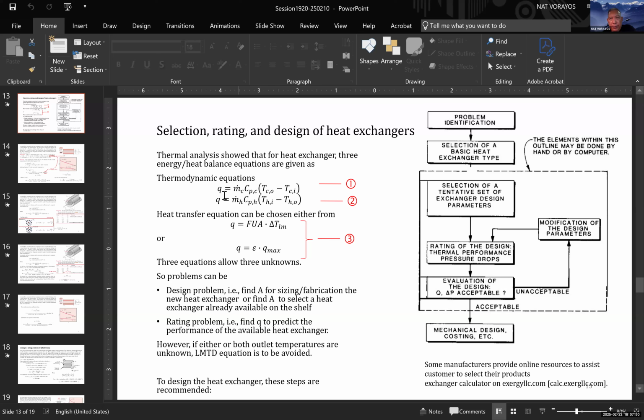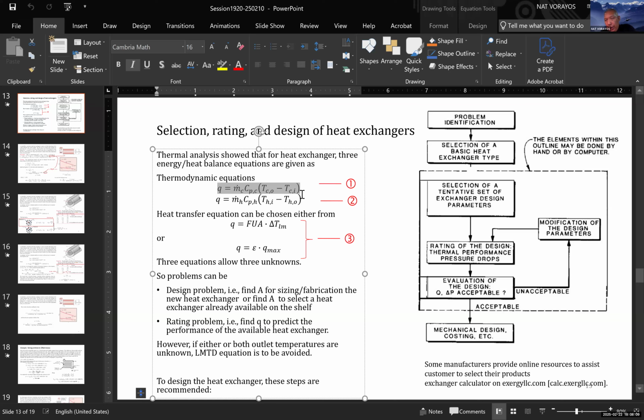Neglecting work, neglecting the kinetic energy difference, and also the potential energy difference, this is the equation that you're going to have for the first law of thermodynamics. The same way, if you take the control volume over the hot fluid, this is what we're going to have.